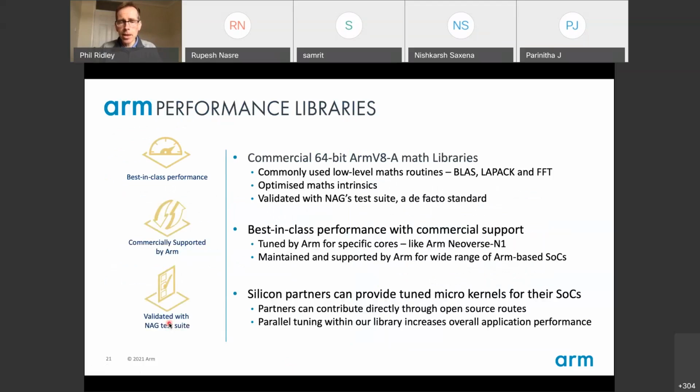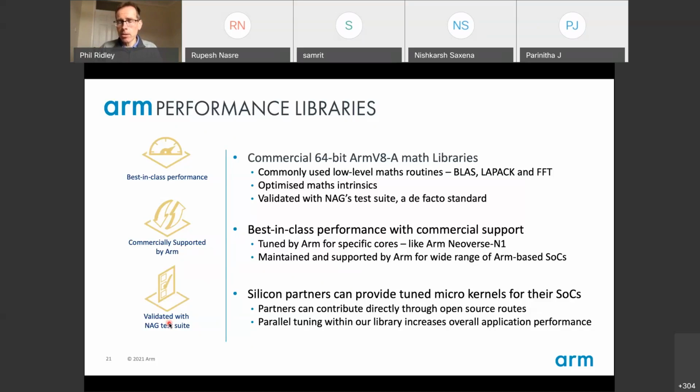In terms of the maths libraries that we provide on the commercial side, we have the ARM performance libraries. What these are basically are routines which take the current LAPACK and are optimized for ARM architectures. What that means is that they have been hand tuned for ARM.